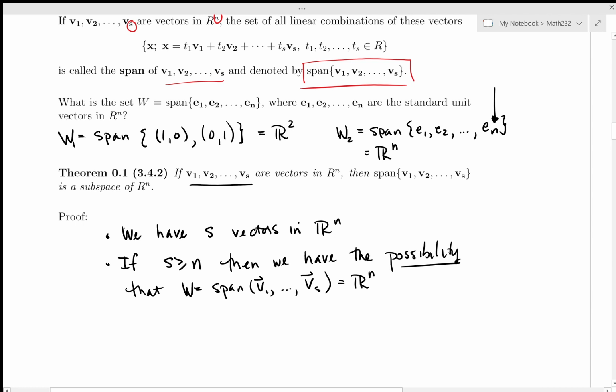Okay, so to be able to span Rn, you need n vectors at least.